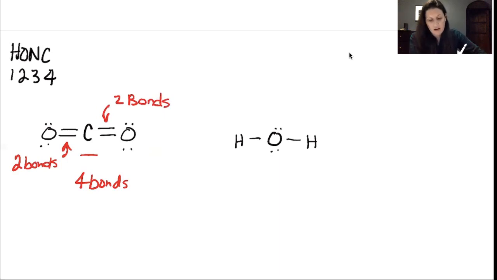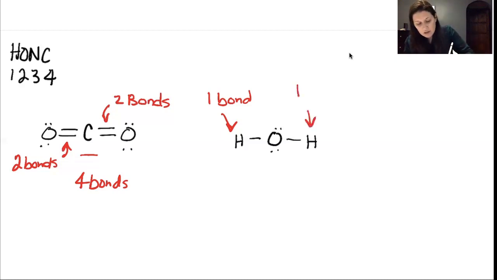Let's look at this H2O molecule over here. Each hydrogen has one bond, a single bond. It doesn't have any non-bonding electrons because remember, hydrogen only prefers to have two electrons around it. That would fill its first energy level, and so hydrogen is an exception. It has a duet of electrons rather than an octet.